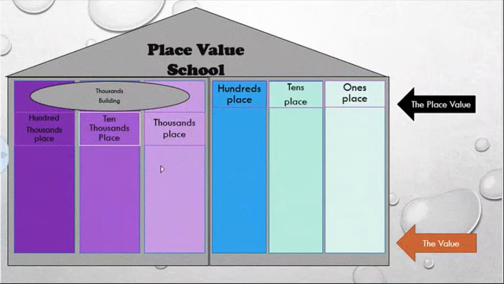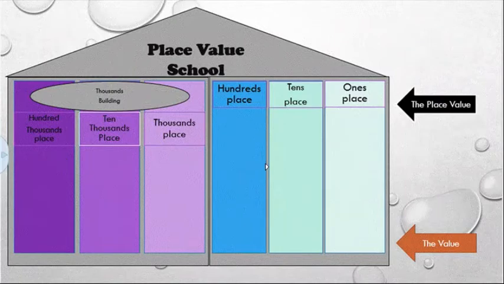Look at the first class here on the right. Its name is 1,000. Look, its name is related to the name of the building. Look at the second class, 10,000. Let's go to the third class. Its name is 100,000. Do you observe anything here?